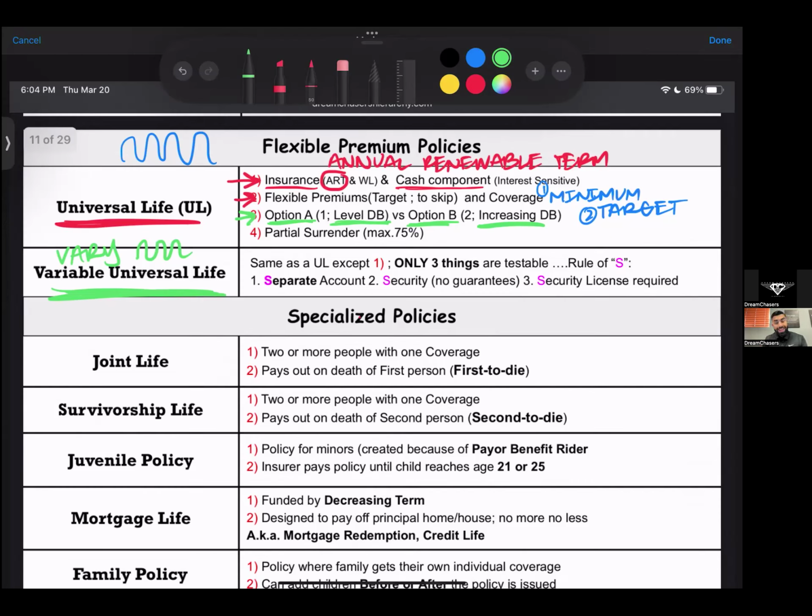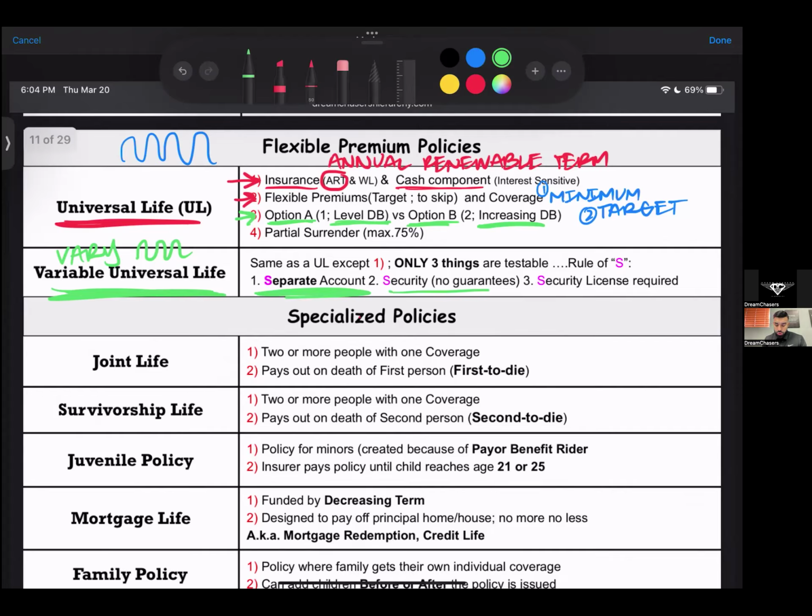Remember, there's indexed whole life, and there's also indexed universal life, where the savings portion is directly tied to an equity index like the S&P 500. With a variable universal life policy, the money is going to be invested into a separate account.